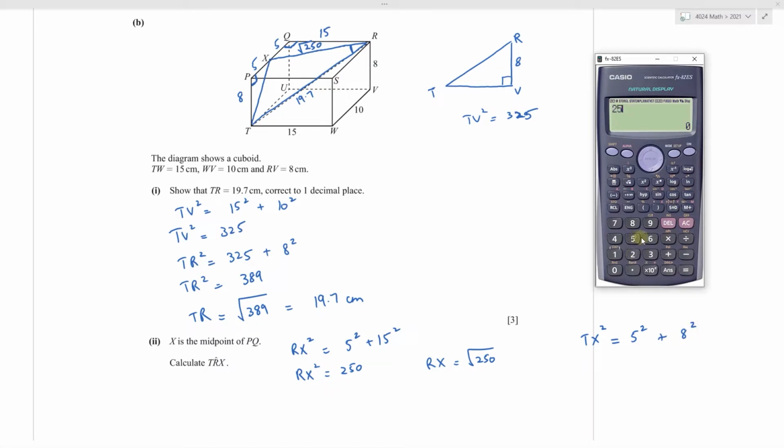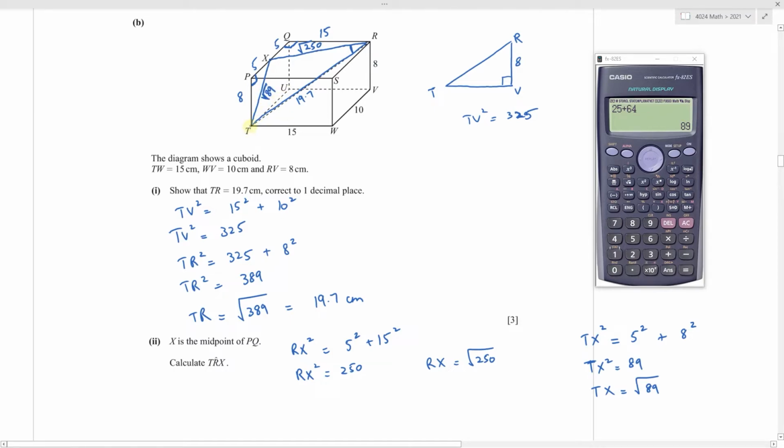So this is 25 plus 64, which is 89. So Tx square is 89 and Tx is square root of 89. So now this length is square root of 89.